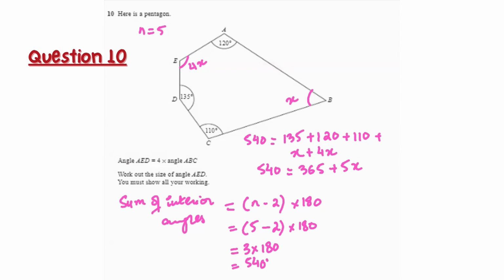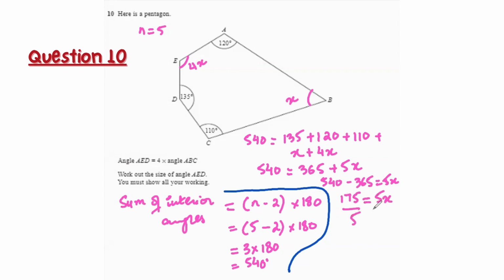Let me just separate this over here. So that's going to be 540 minus 365 equals 5x. 175 equals 5x, divide both sides by 5, and that's going to be 35 degrees for x.